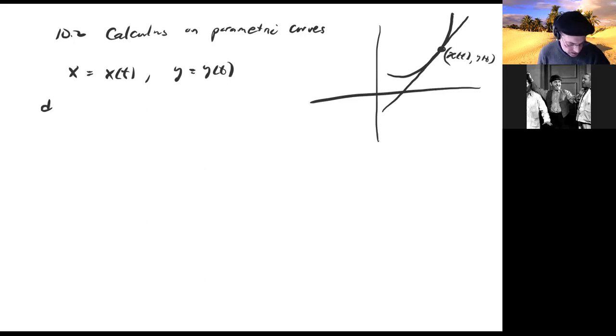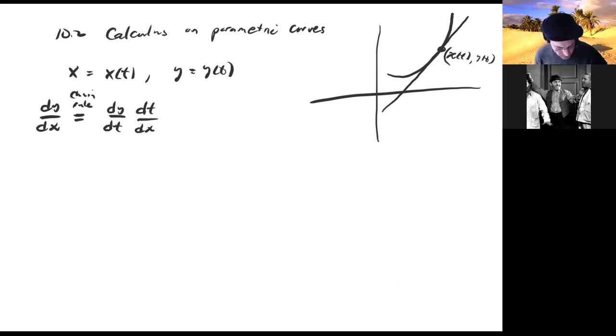Well, the slope of the tangent line is dy/dx. And by the chain rule for differentiation, that's dy/dt times dt/dx. The dt's cancel to give you dy/dx. But we don't want to compute dt/dx. We want dx/dt, but that's the reciprocal of dt/dx.